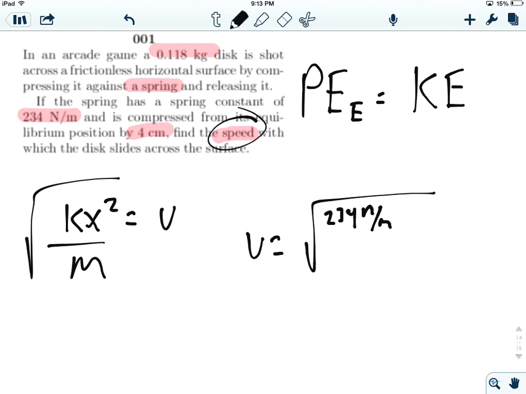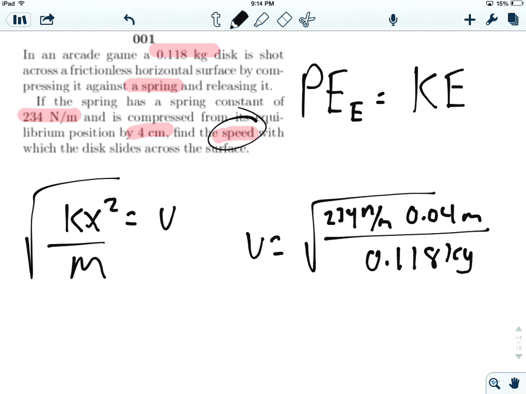Since it's compressed from the equilibrium position, they told us how much it was compressed: 4 centimeters, but we changed it to meters by dividing by 100, so 0.04 meters, all over our mass, which is 0.118 kilograms, and we should get a velocity right around 1.78 meters per second.